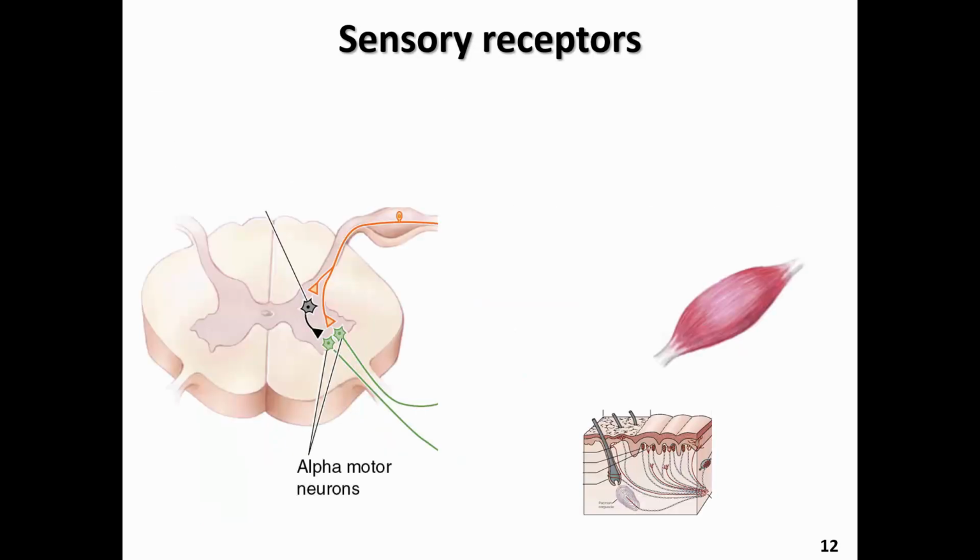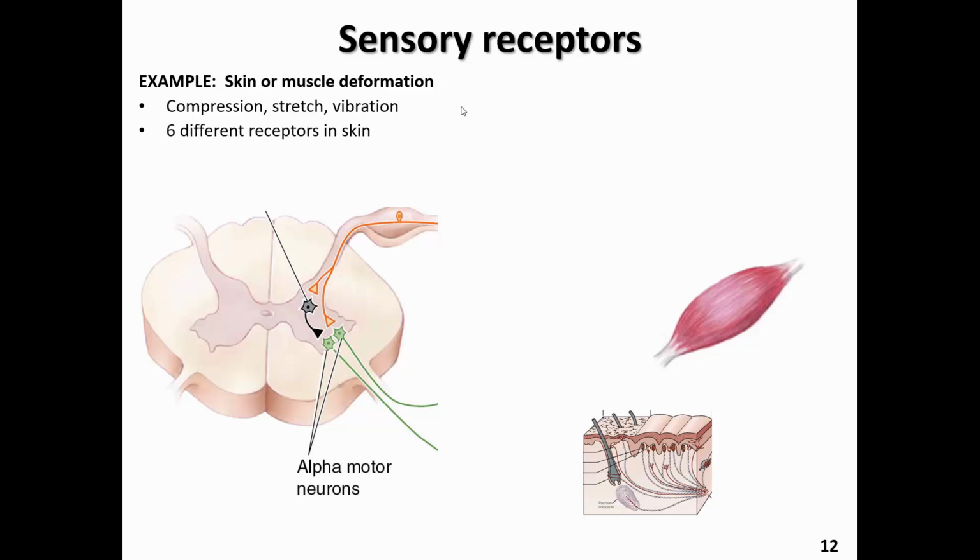Now, the general pathway of the transmission of sensory information occurs through the activation of those sensory receptors through compression, stretch, or vibration if the stimulus is mechanical in nature.